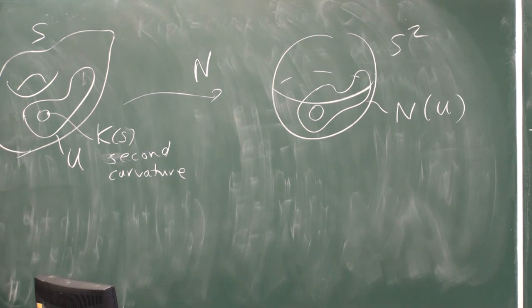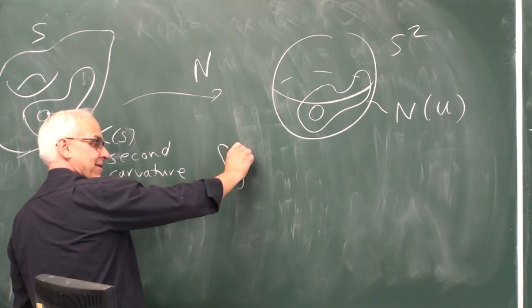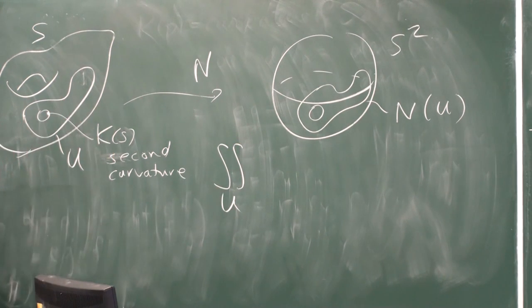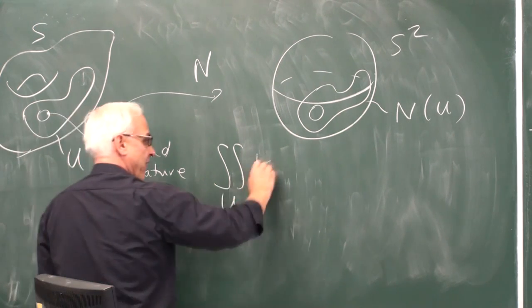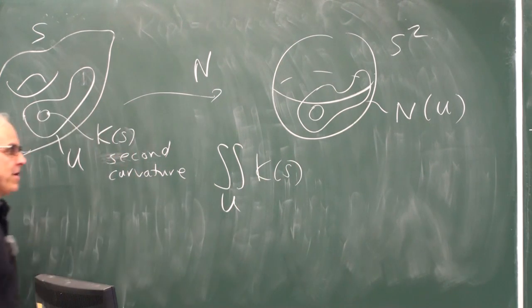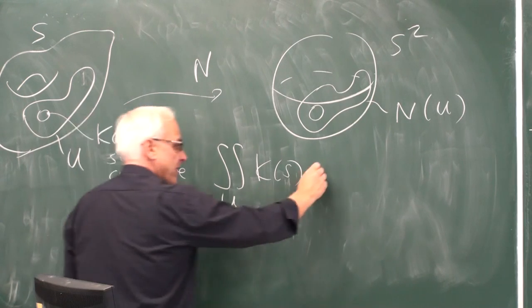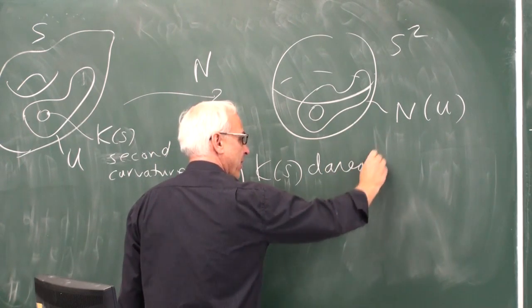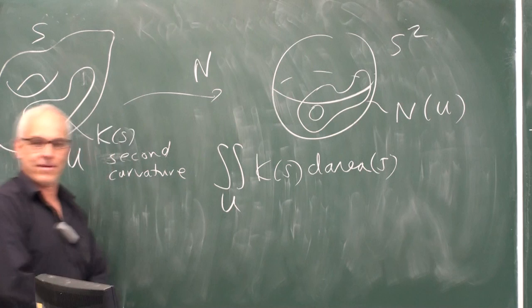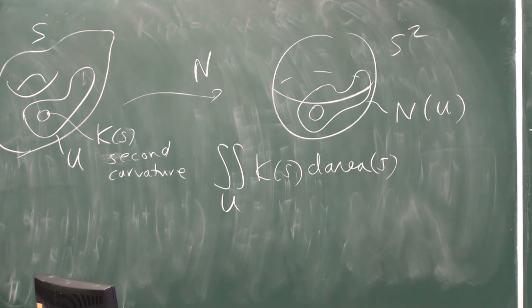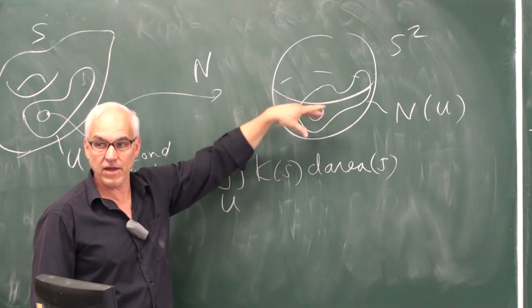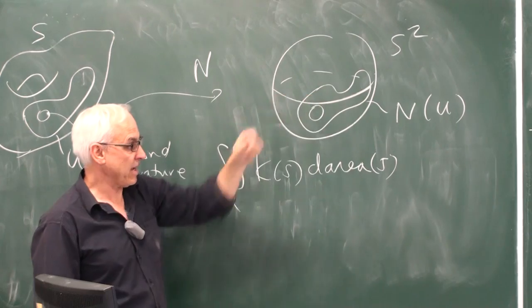So it's exactly the same kind of story as we had here, and allows us to conclude that if we integrate over U the curvature of S with respect to area, so let me write dA of S, then we're going to get the area over here of the image of the normal, the Gauss-Rodrigues map.